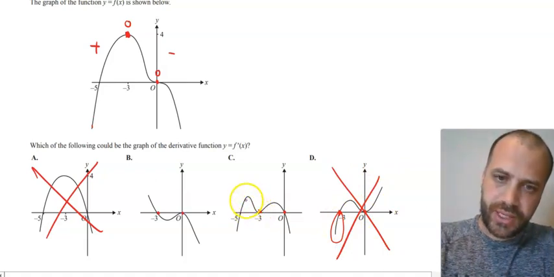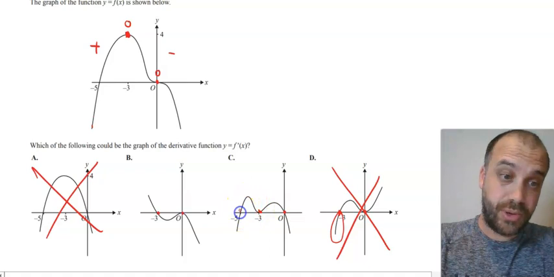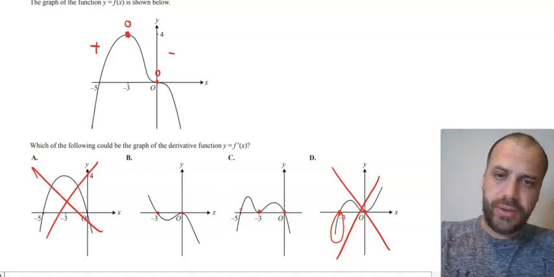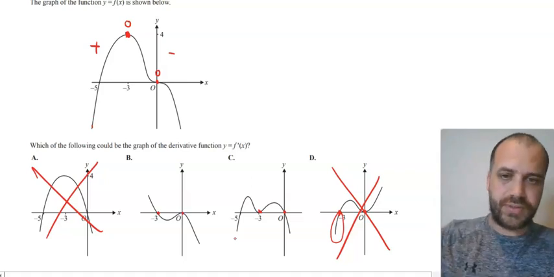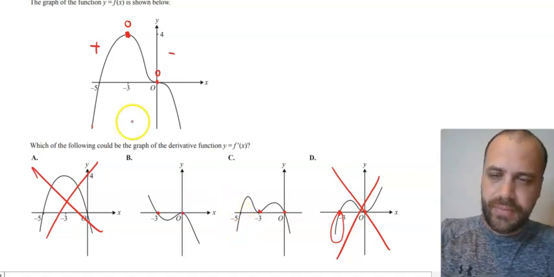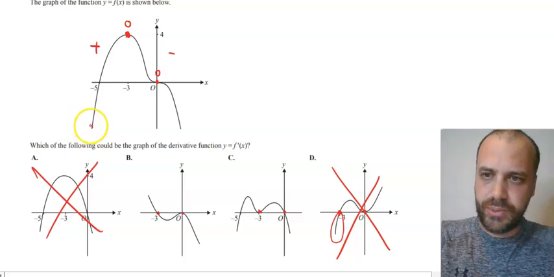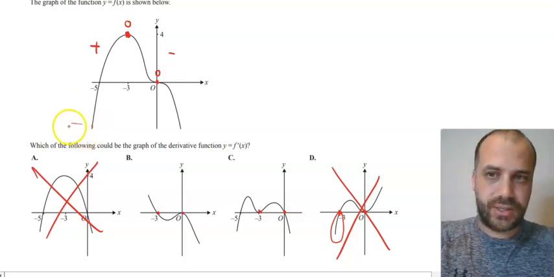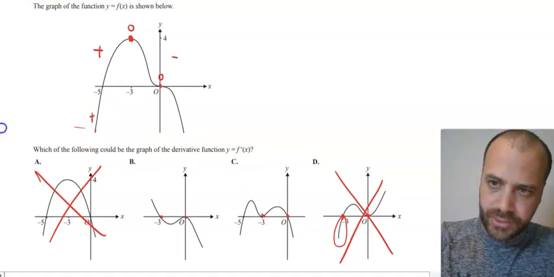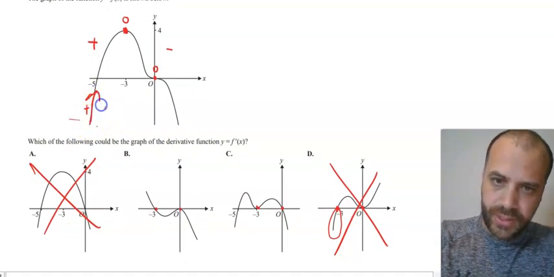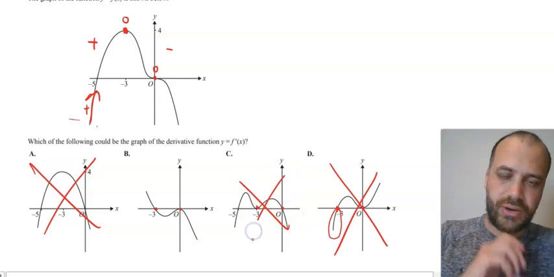From -3 to -5, it's positive. That's true. But beyond -5, like -6, -7, it's negative, and that's not the case here. If we were over here at -6 or -7, it's still positive, because it's going uphill. So this is not our answer.